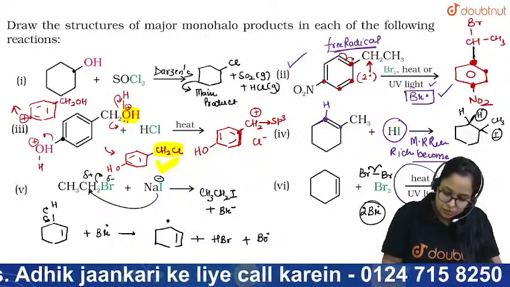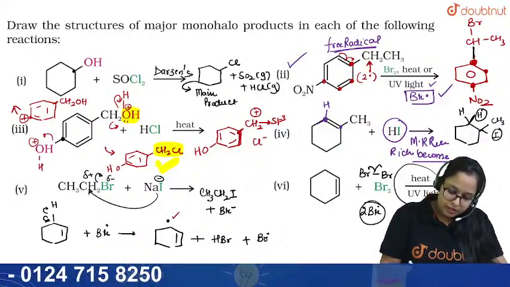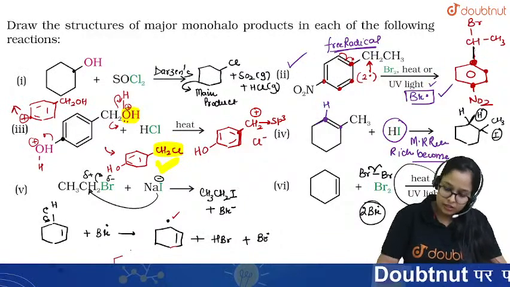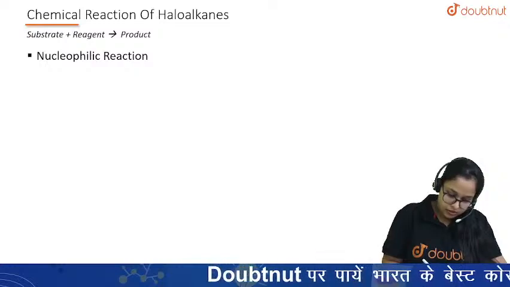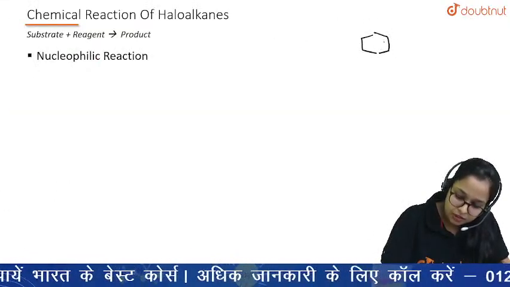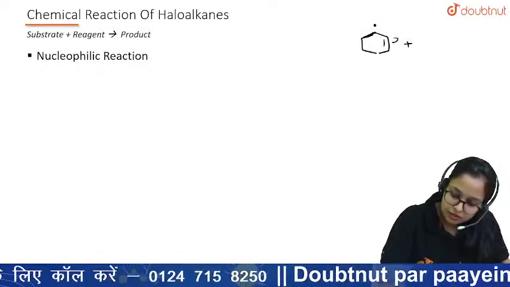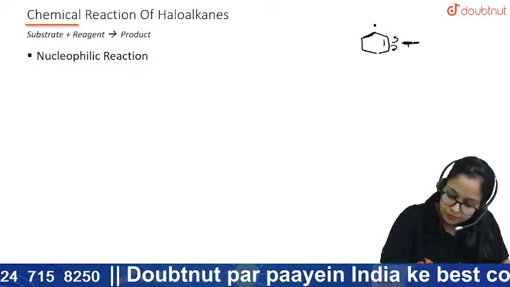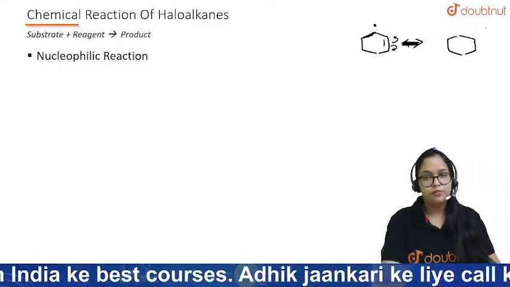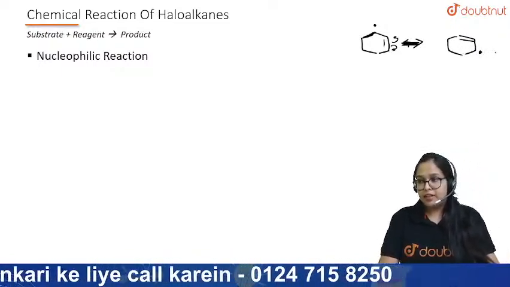Now the question is, why is this free radical formed? You must remember that this free radical is in resonance with this free radical. If I draw this here, this free radical is in resonance with the double bond. Hence, delocalization of the electron leads to stability of the radical.